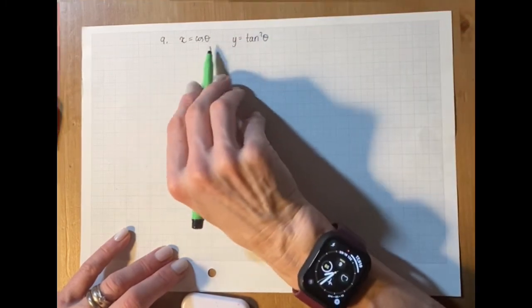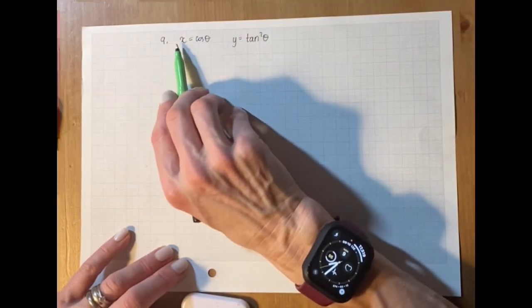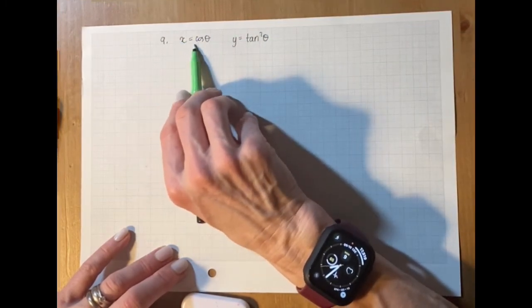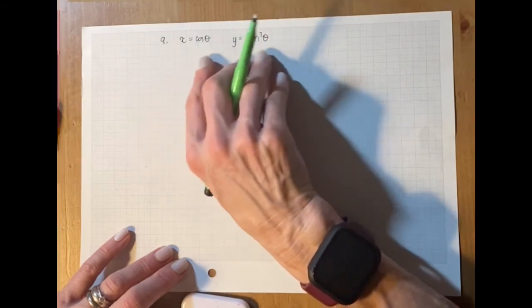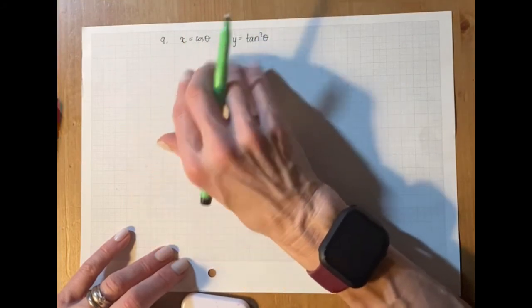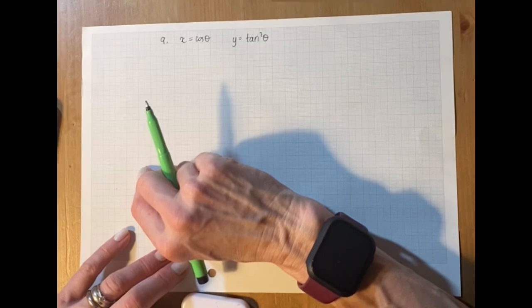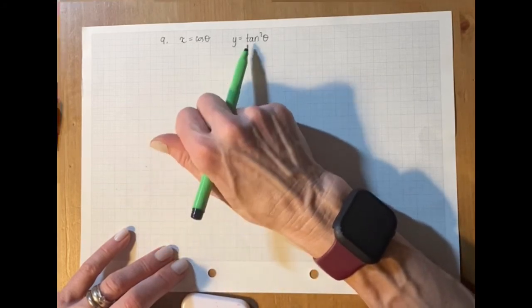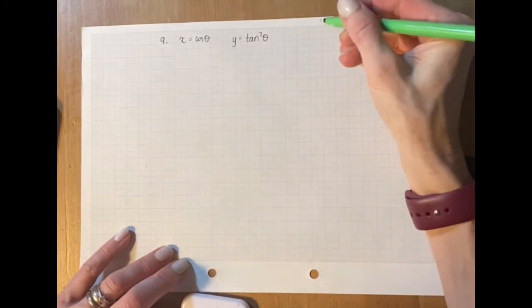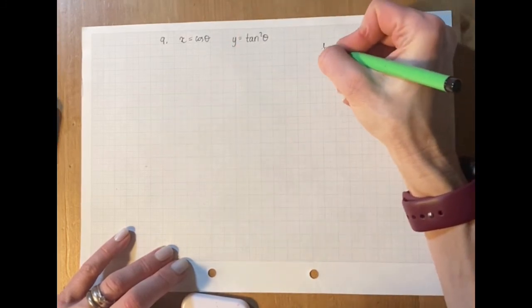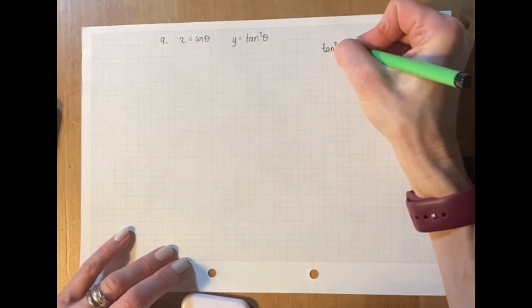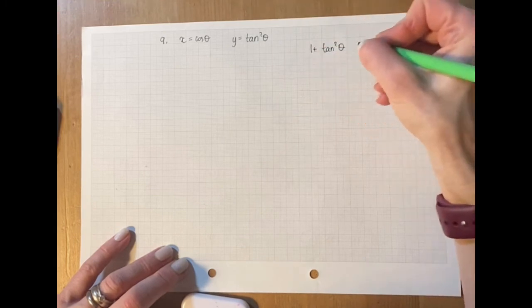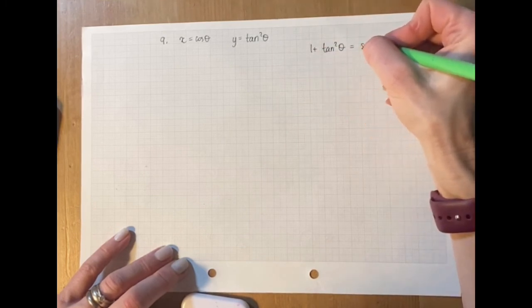So over here, when the functions are defined in terms of trig functions, you need to find the identities that you can use where cos and tan are connected. So one identity, there's more than one, but you could think of 1 plus tan squared theta actually is equal to sec squared theta.